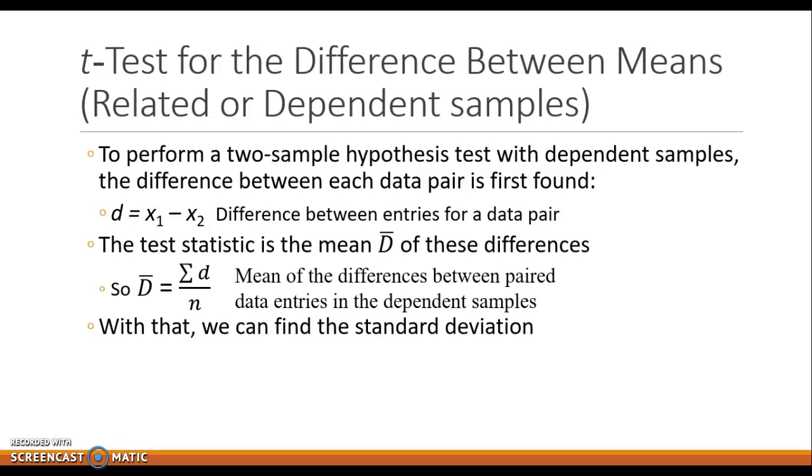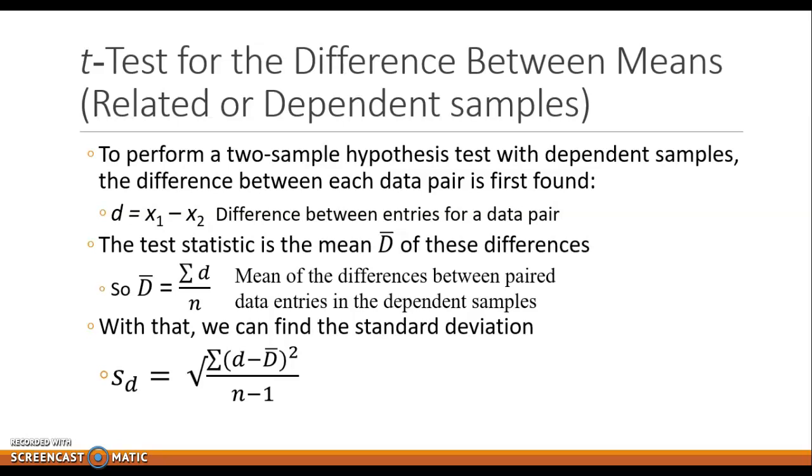With that, we can find the standard deviation. The standard deviation pretty much is what it sort of looks like. I apologize, that square root should be covering everything, but PowerPoint is not letting me do that. So assume when you write it that the square root is covering everything. So the standard deviation of d is equivalent to the sum of each particular difference minus the mean of the differences squared over n minus 1.